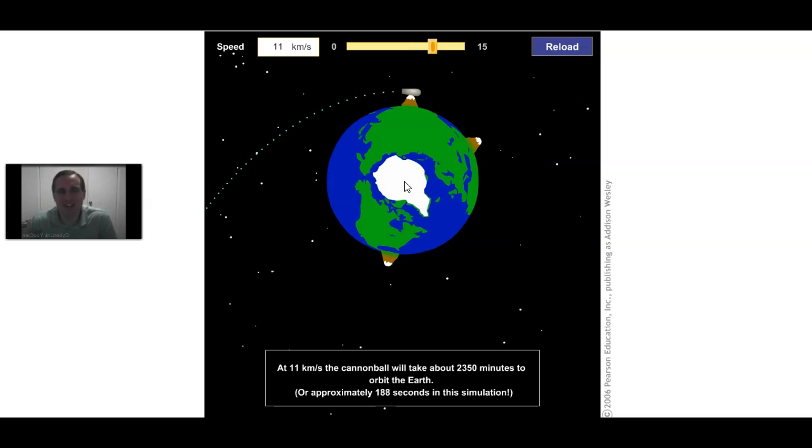Okay, so we haven't quite reached the escape speed for Earth. And by the way, the escape speed does depend upon the mass of the thing you're trying to escape from, but it does not depend upon the mass of the thing that's trying to escape. At least the actual velocity to escape does not.